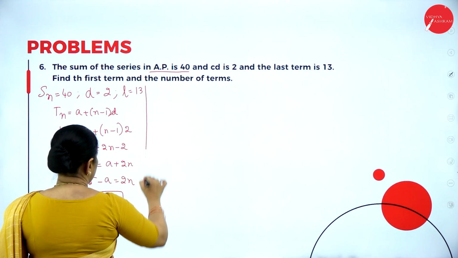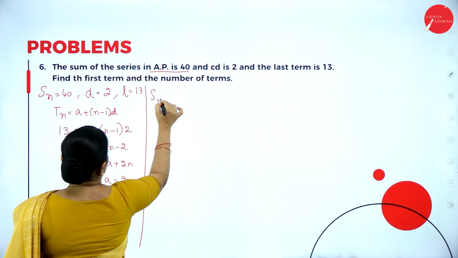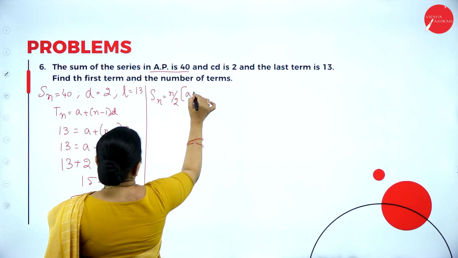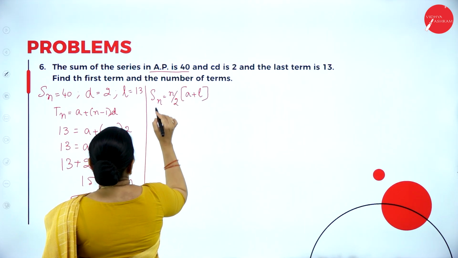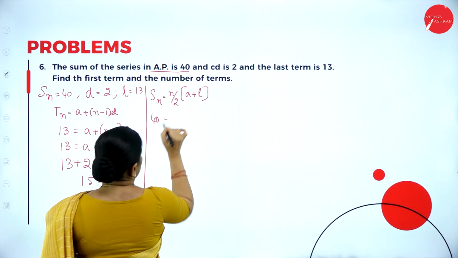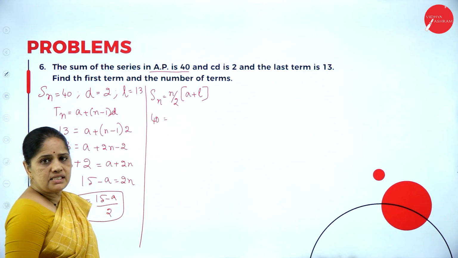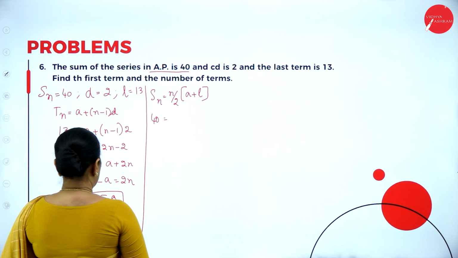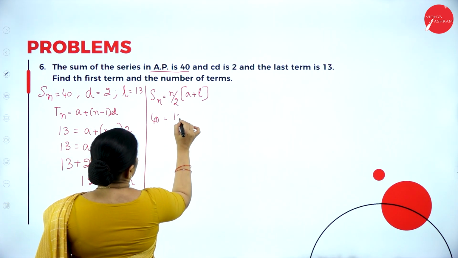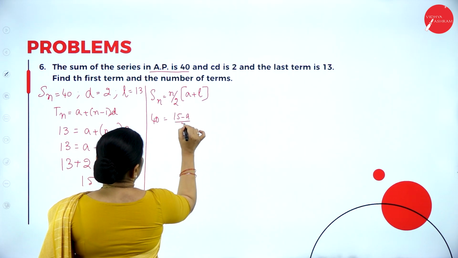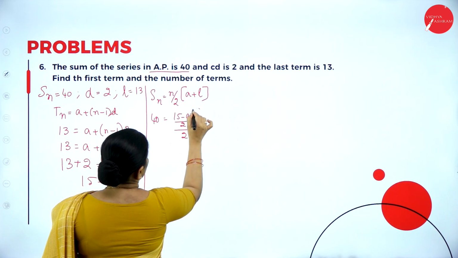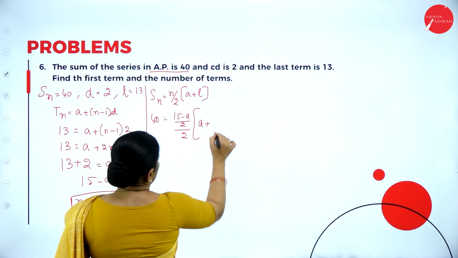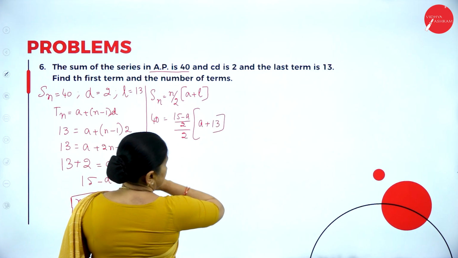Now, they have again given us Sn equals n by 2 into A plus L. So, we know the value of Sn. Value of Sn is 40. Now, n by 2, we know the value of n: 15 minus A divided by 2, whole over 2, into A plus L, where L equals 13.